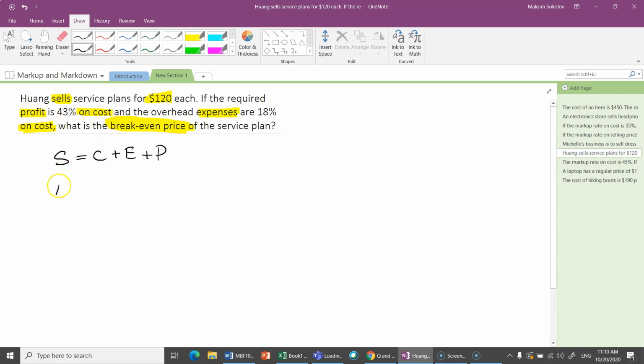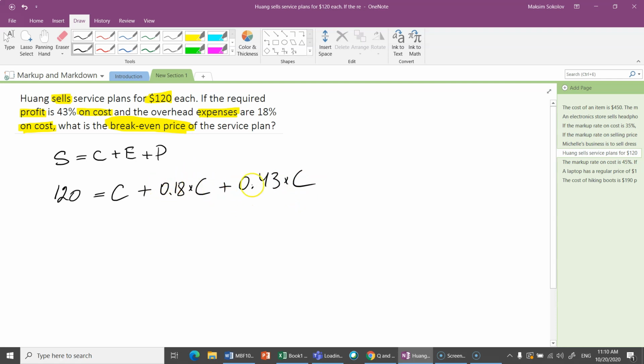S, which is $120. But we don't know the cost, so we keep it as C. We know that expense is 18% on cost, 0.18 times C. And we know that profit is 43% on cost, 0.43 times C.